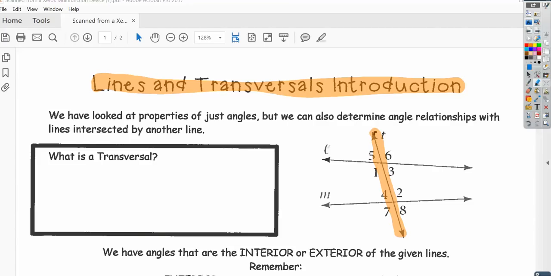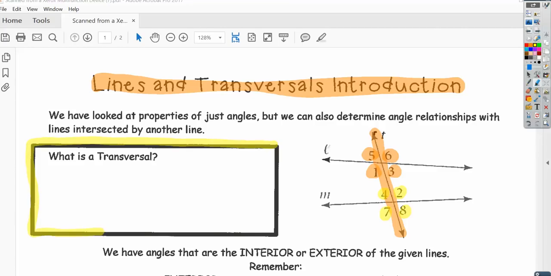When line T intersects line L, it makes angle 1, angle 3, angle 6, and angle 5. And when line T intersects line M, it makes angle 4, angle 2, angle 7, and angle 8. Okay? So that's how I get angles from lines.